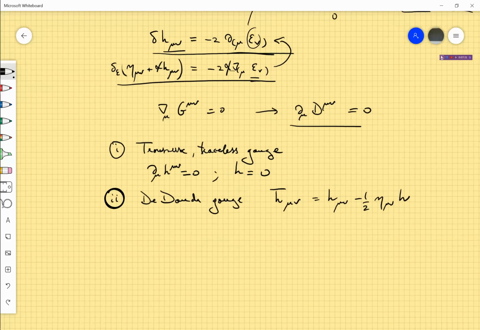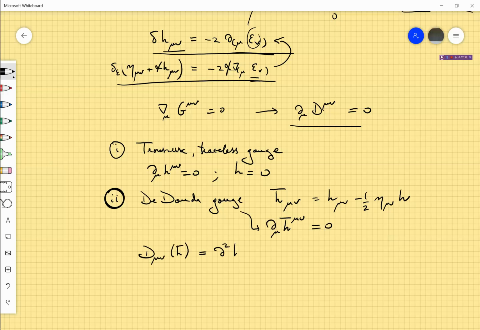And in terms of this variable, you can check that if you impose this gauge, this is the de Donder gauge, then the equations of motion, these Fierz-Pauli equations, take a very simplified form, which is box h bar mu nu, and in vacuum this is just 0, and this is the wave operator.